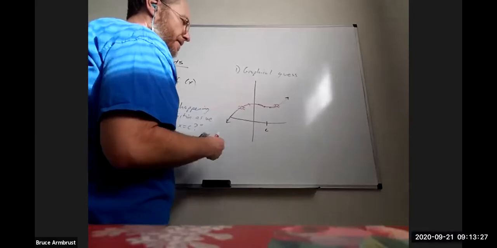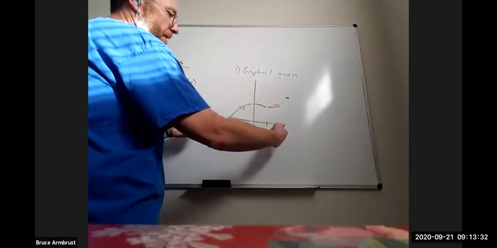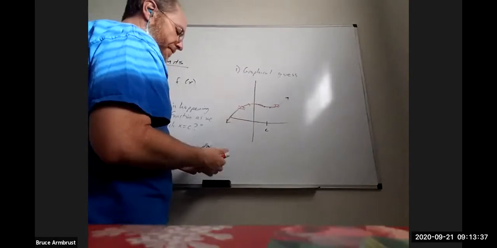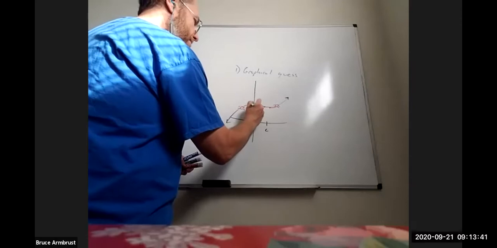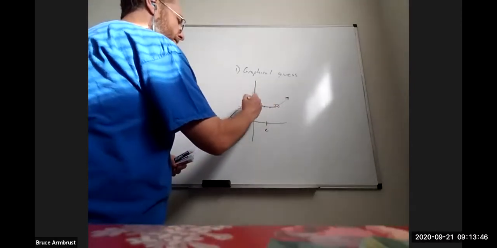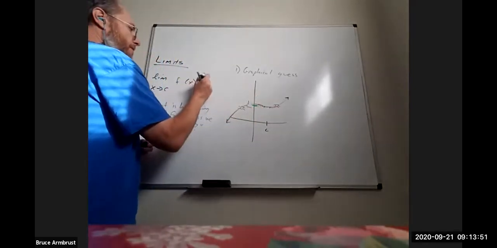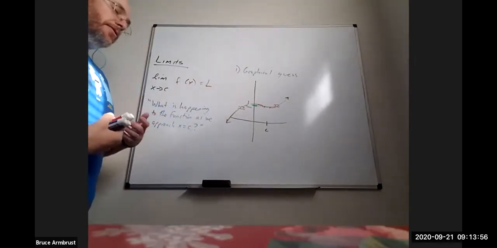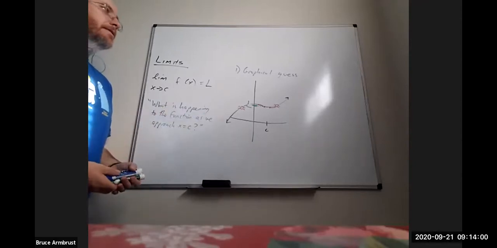In this case, as the spider moves closer and closer to c, from left and right, the elevation becomes the same, right around here. I'm going to call this L, big L for limit. So this is what our function value is. You can graphically guess: if you can draw the picture, you can follow along and see what happens.